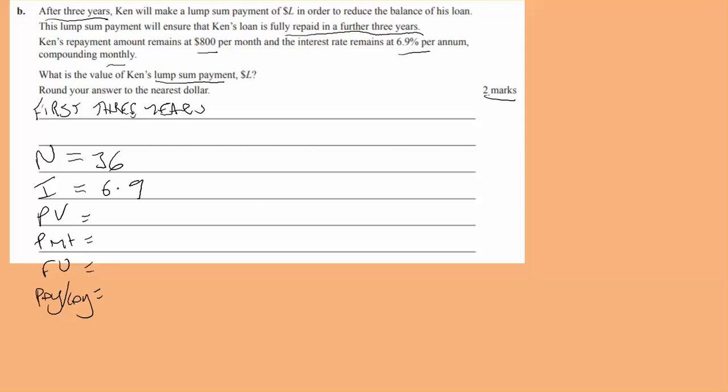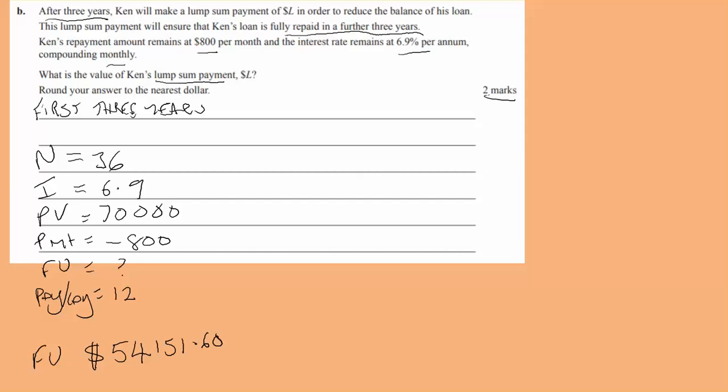Oh no, this is the same. Still borrowed 70,000. He's still paying off 800. Future value is what I want to find out. So I put that in the calculator. And my future value, how much he still owes after 3 years, is 54,151.60.